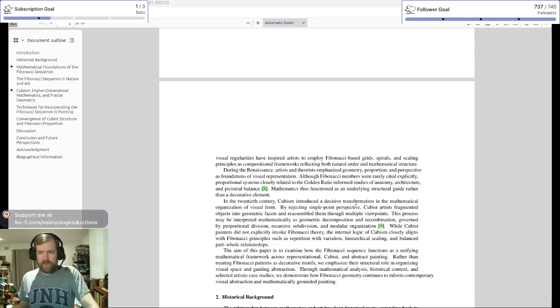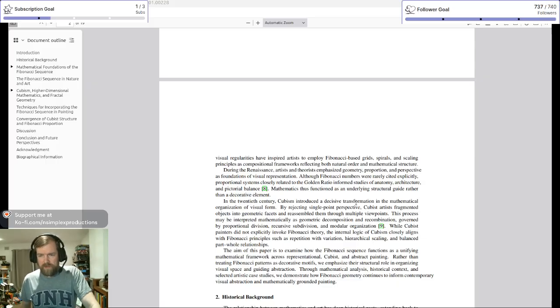In the 20th century, Cubism introduced a decisive transformation in the mathematical organization of visual form. By rejecting single-point perspective, Cubist artists fragmented objects into geometric facets and reassembled them through multiple viewpoints.